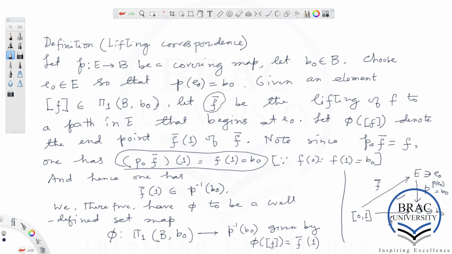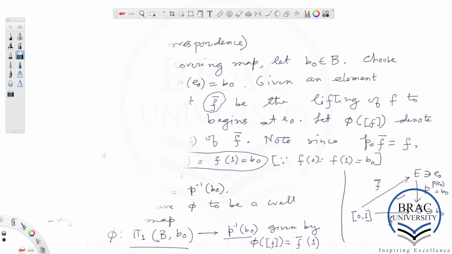F bar is the unique lift of F that starts at the point E0. Okay, all right. Now we quickly check that this is a well-defined set map. Okay, so this is a set, this is a set, hence phi is a set map.